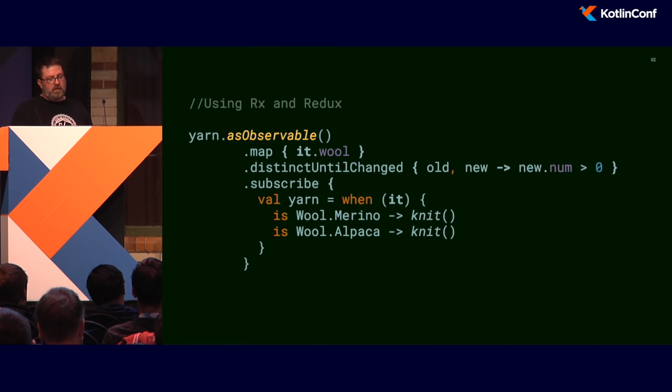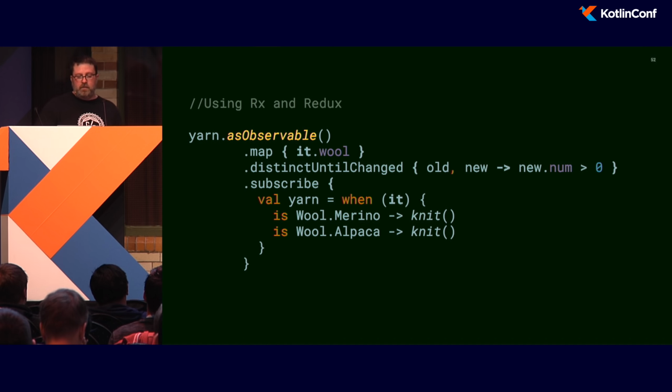You can give it a by function if you really want to get specific about what constitutes distinct. And the thing that's great about all this is that this when statement and the type inferencing in Kotlin handles this all perfectly. While this is more RxJava and while it's interesting in its own right, Kotlin is working and sealed classes are working great with all of this.